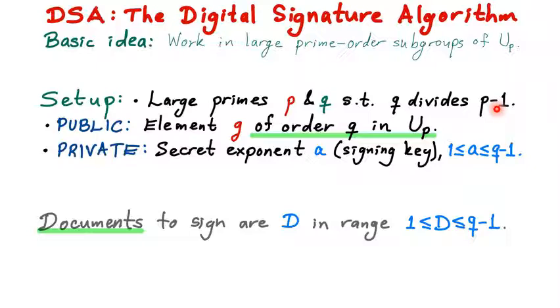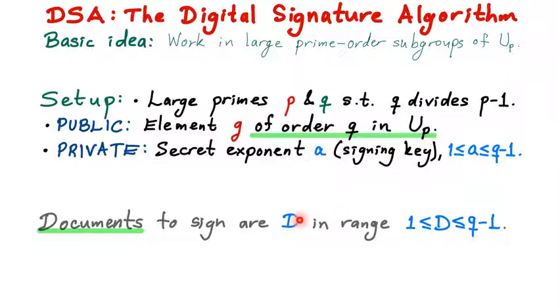And we're going to be exclusively working in a group of order Q. So another public ingredient of DSA is an element G, but that element G has order equal to a prime Q modulo P, right?